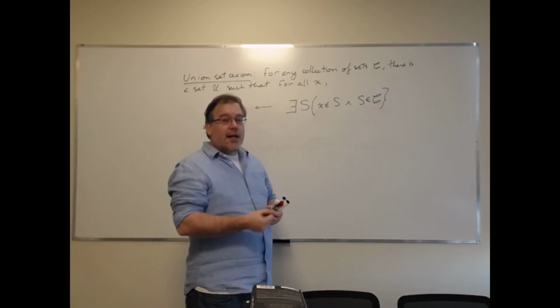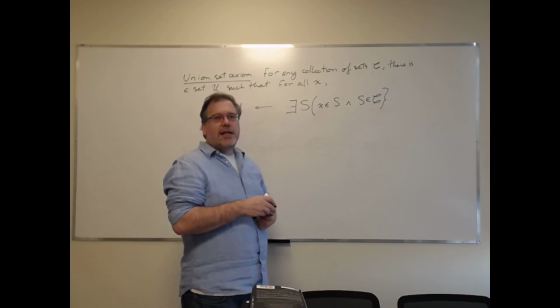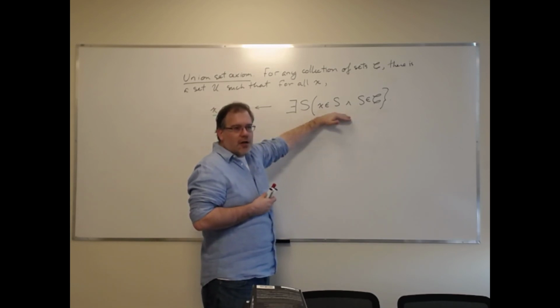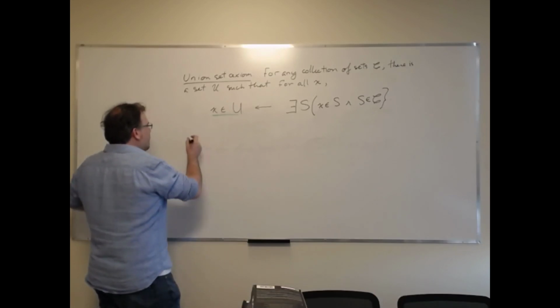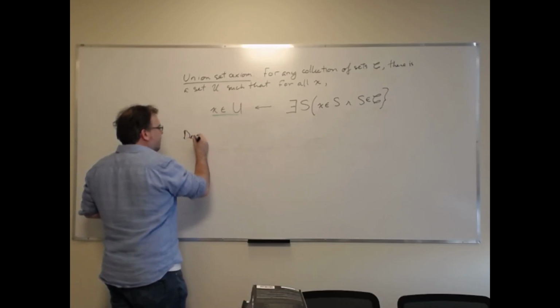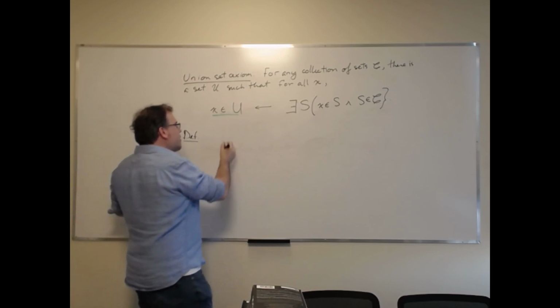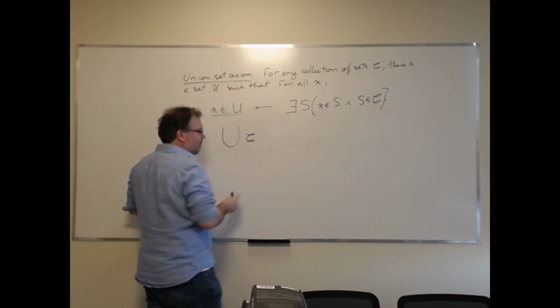And then immediately after introducing this axiom, we use the axiom of separation to say, hey, now we want a set that contains exactly those members of the sets in the collection. So that's what we're going to do now. We're going to introduce a definition, and that's going to be the definition of the union of a collection.